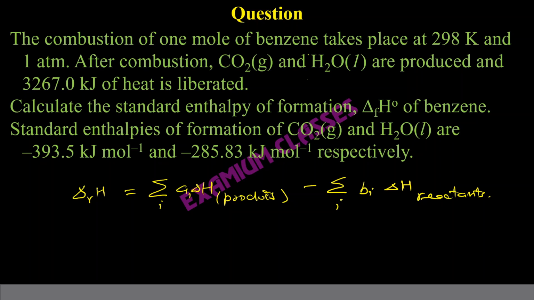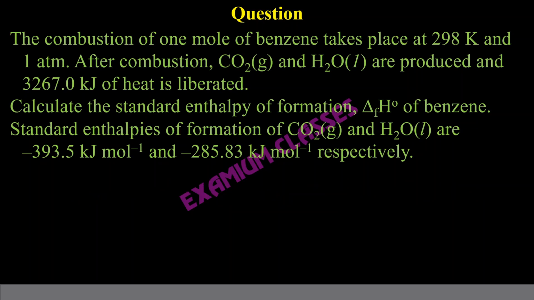You know that formula. So this question can be done by using that formula, and I suggest that if it is not mentioned, you use this formula. It will be easier. But suppose it is asked to be done by Hess law specifically, then we can do it by Hess law as well.